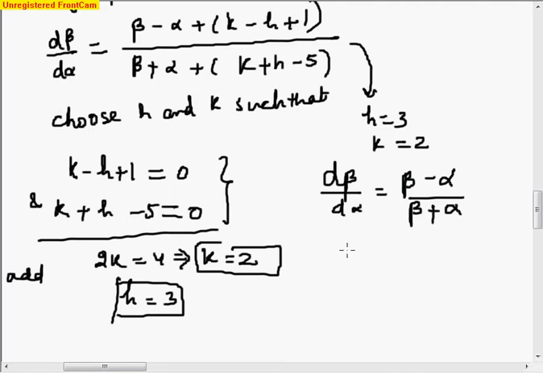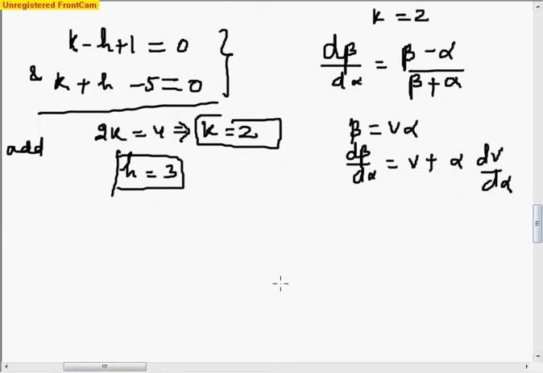How will I solve this? Put beta is equal to v alpha. So d beta by d alpha is v plus alpha dv by d alpha. So I'll get v plus alpha dv by d alpha is equal to (v minus 1) upon (v plus 1).